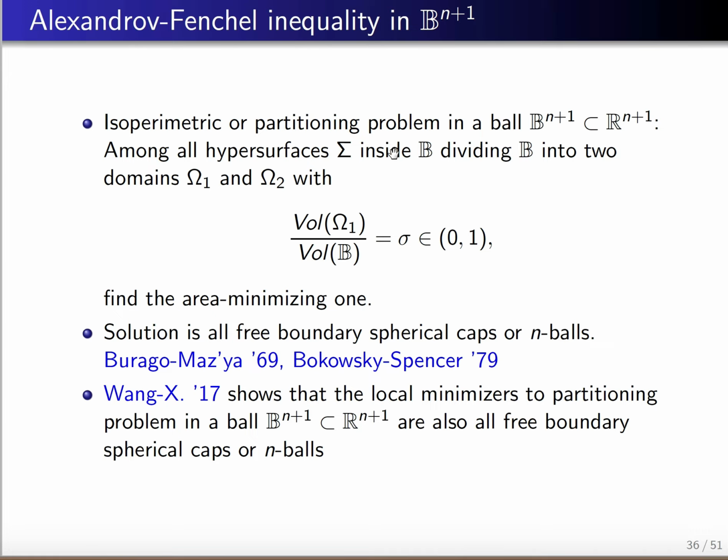So if you have a ball and you want to find the area minimizing hypersurface among all hypersurfaces inside this ball, which divides the ball into two domains, omega 1 and omega 2, with a given ratio of the volumes of omega 1 and omega 2, then the solutions are given as the free boundary spherical caps or N balls, that is, geodesic balls.